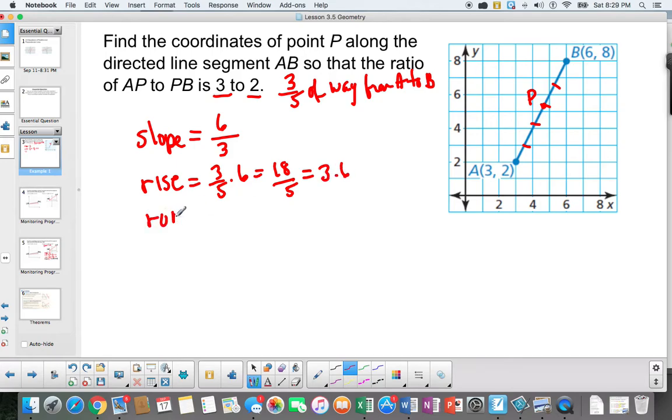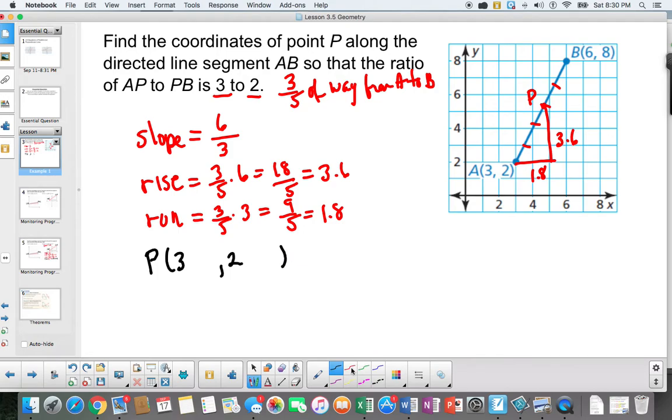I'm going to do the same thing with my run. I want to go 3/5 of 3, which is 9/5 or 1.8. So I want to run 1.8 and I want to rise 3.6. So where's that going to put me? To get to P, I'm going to start at x equal to 3 and y equal to 2.